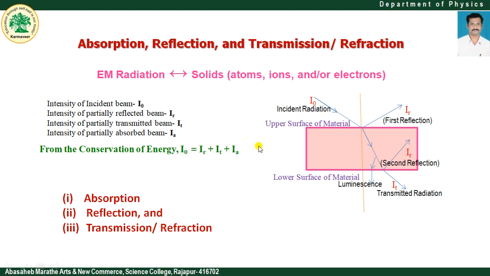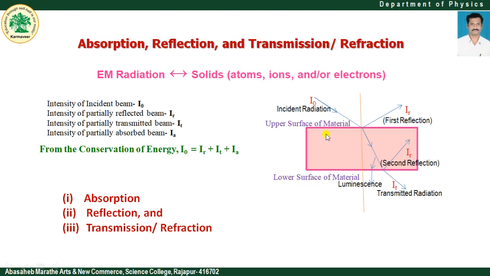So again it should be noted here that a reflection may occur at both the upper surface of the material and the lower surface of the material. Upper surface can also be called the front surface, and lower surface can also be called the back surface. So the reflection may occur at both the front and back surfaces of the material.